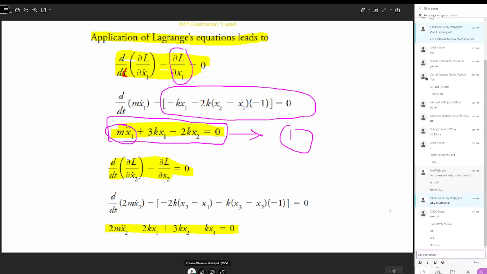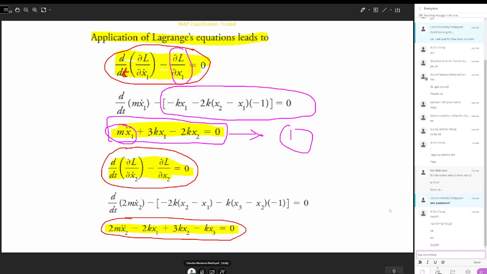So please take note that this here is dt. If you take the partial derivatives with x1 and x1 dot, you will get your first equation of motion. Then if you take the partial derivatives with respect to x2 and x2 dot, you will get the second equation of motion.